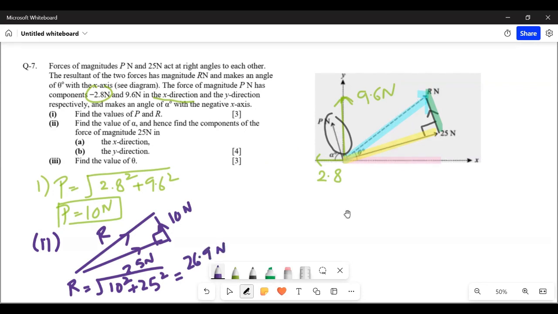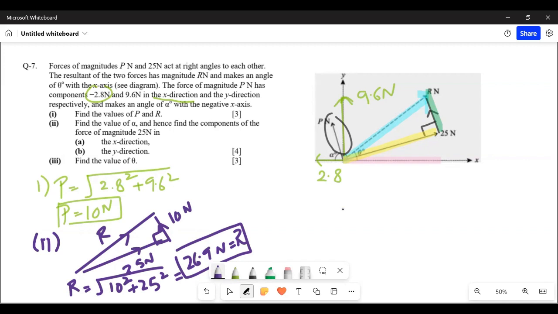Okay. So we found P and we found R. Find the value of alpha and hence find the components of the force of magnitude 25 Newton in the x direction and in the y direction.